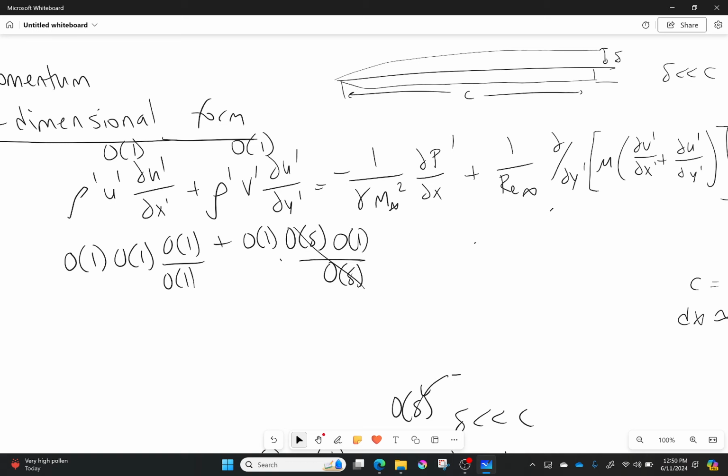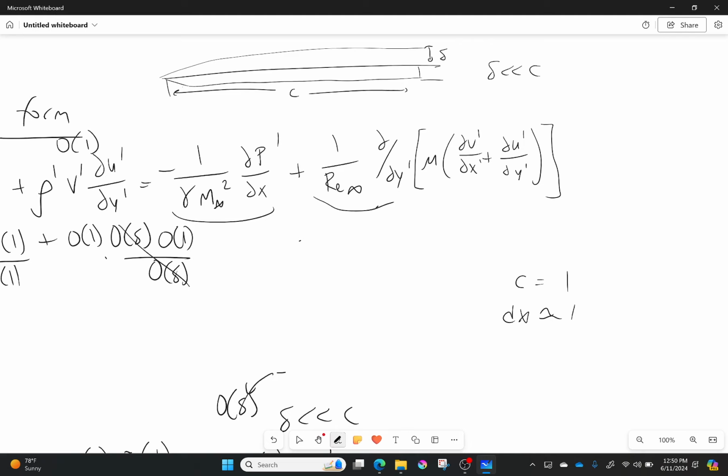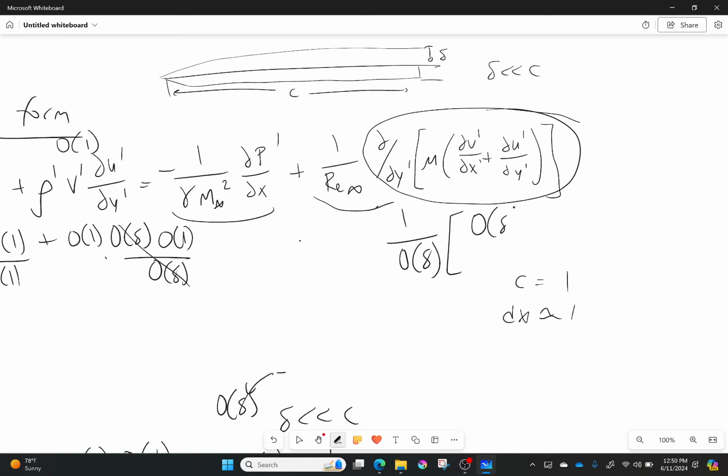And I keep on going through it. We're going to skip this guy right here. We're going to skip talking about this one for the moment. And we're going to look at this term right here. So first off, d dy, that's like 1 over order of delta here. And so if I multiply that through, I'm going to have dv dx, that's order of delta over order of 1, and I'm going to have du dy, that's order of 1 over order of delta.